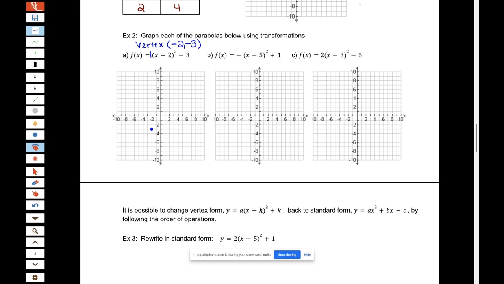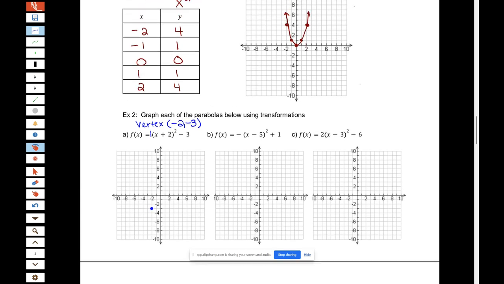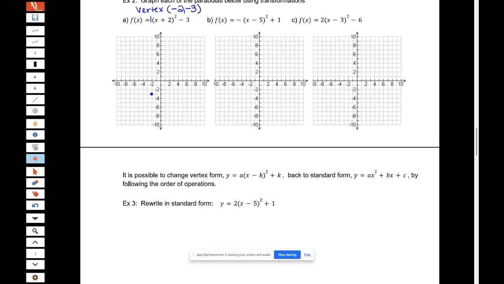And because the a number is 1, that means it's going to have the same over 1, up 1, over 2, up 4, over 3, up 9, and the same width as a traditional parent function parabola. I can create a graph of that without a lot of effort and without having to make a table and plug in numbers or any of that stuff.